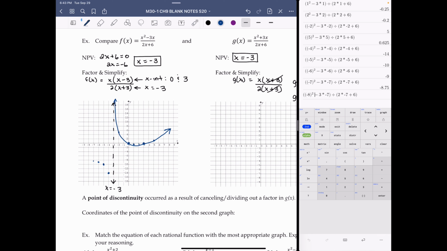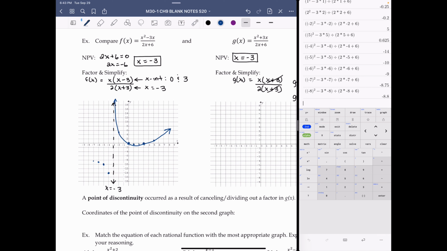Negative 8 squared minus 3 times negative 8 divided by 2 times negative 8 plus 6 gives us negative 8.8. So it gets higher, and then it starts to go down again. So that's going to look something like this.